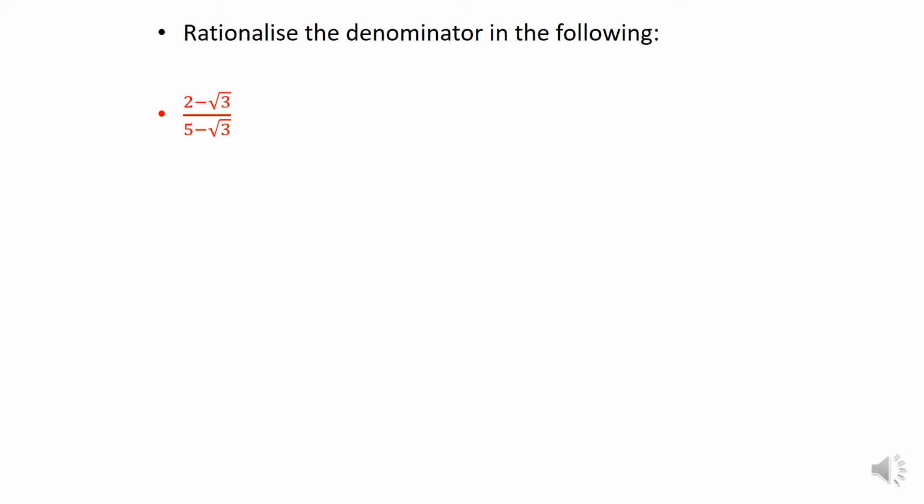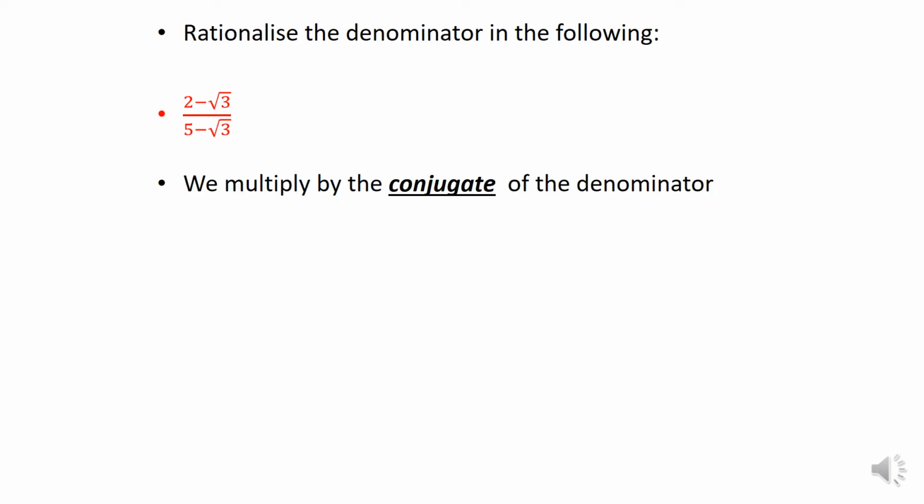Okay, so I want you to think back to your factorizing at ordinary level and the difference of 2 squares. The factors were the same. The only difference was one had minus and one had plus. And the result was that the middle term disappeared. Now we're using similar thought here.